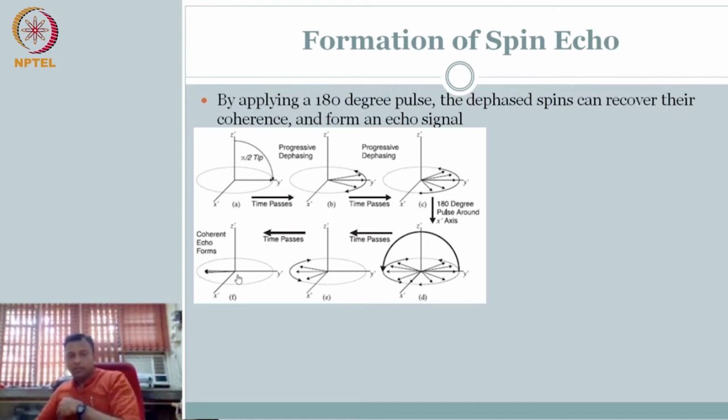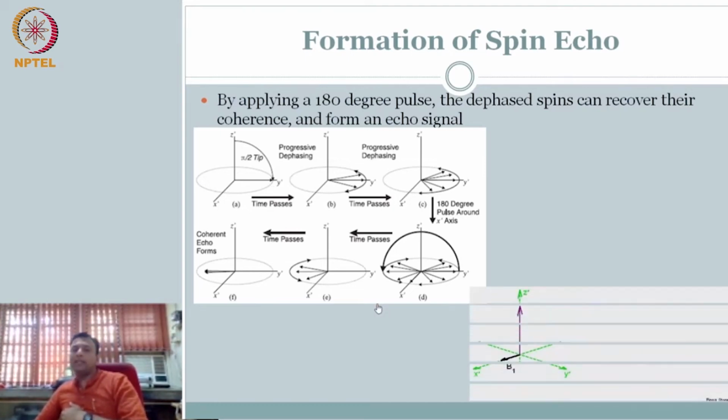Why? Because it is relaxing. There is a T2 process, right? So the signal is relaxing, so there is a loss in signal. That's why this arrow is reducing. Eventually this arrow will go to 0 in the XY plane, and it will only be the Z component. So what you have done is recover the signal as much as possible. It's not complete, but you have gained signal. So it is going to be a copy of your original signal, but slightly lower than that.